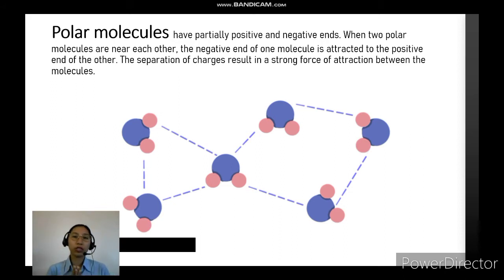Now, the separation of charges results in a strong force of attraction between the molecules. That is the reason for the strong attraction between these water molecules, because of their partially negative and partially positive ends.